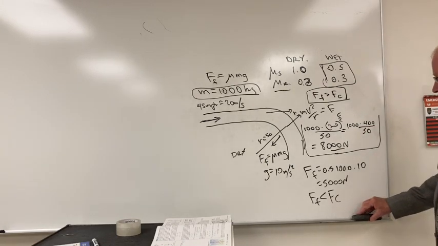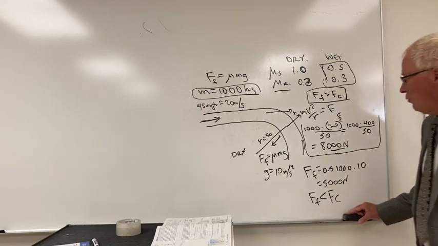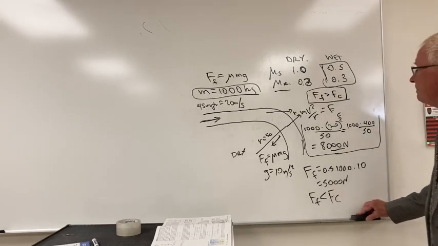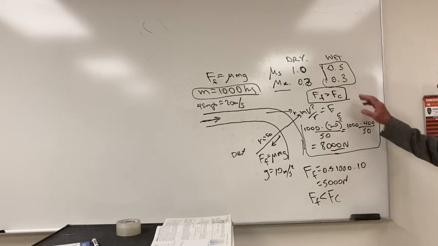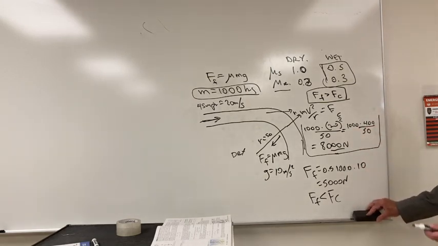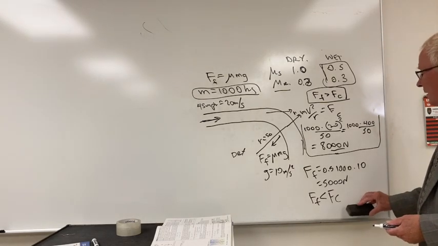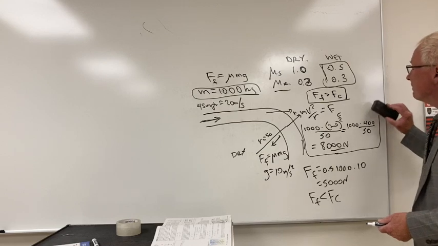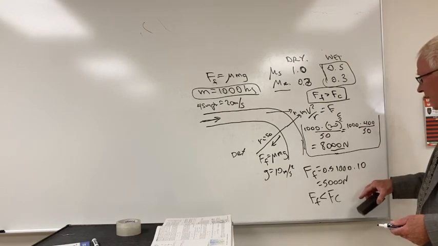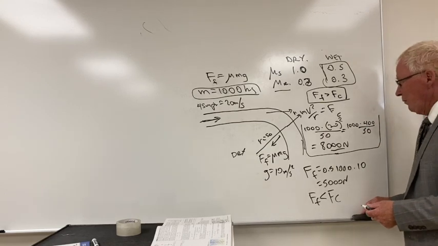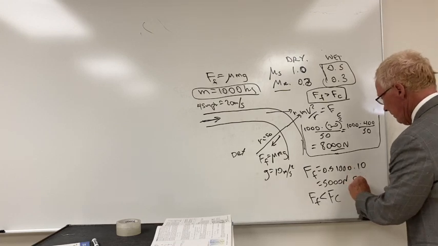Now keep in mind here, what's the maximum you can do? What is the maximum speed we can do? In this case, it's a wet road, it's going to slide.